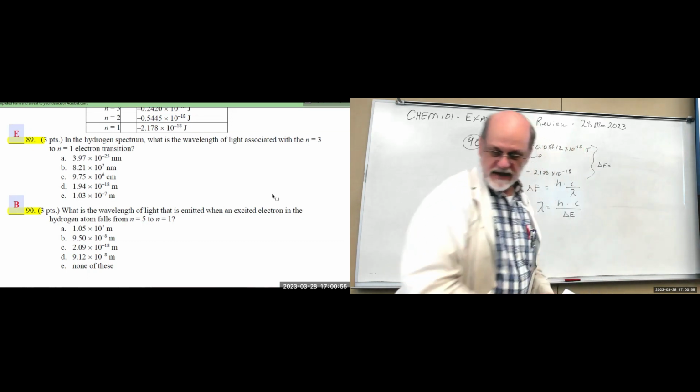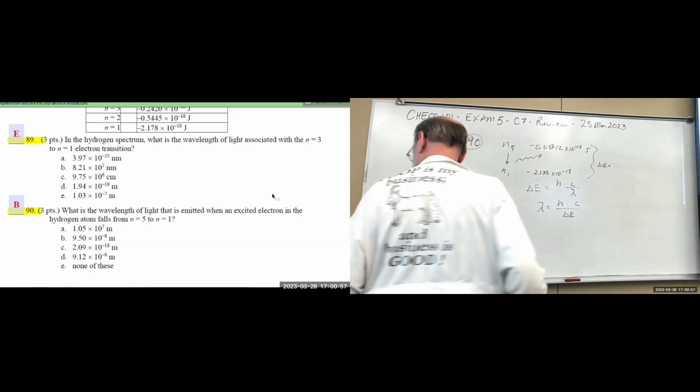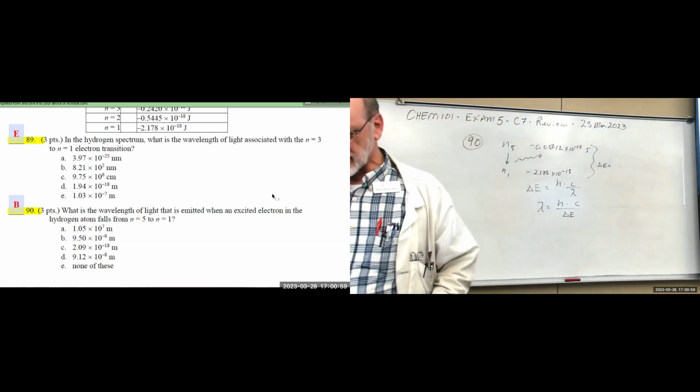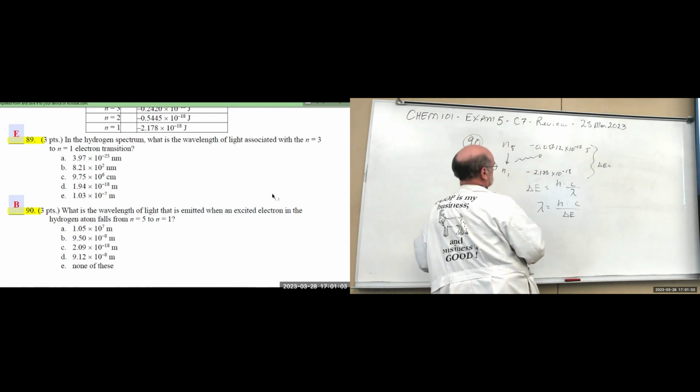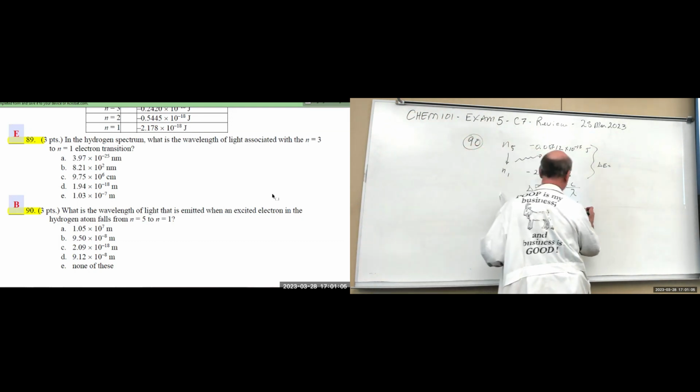is, let me calculate it. Oh, I missed my calculator. All right, so we're going to put it in this way.